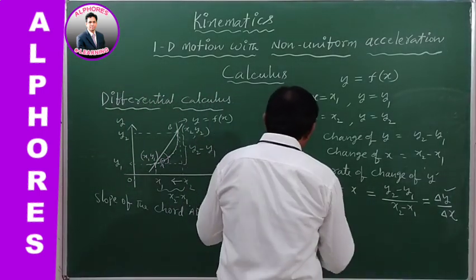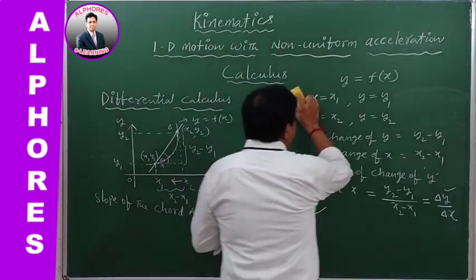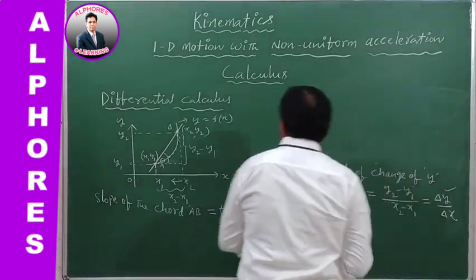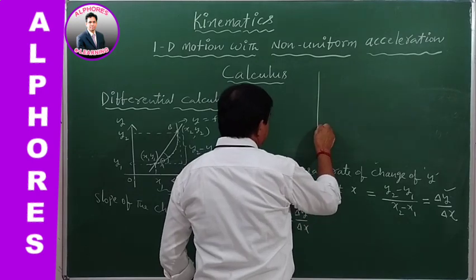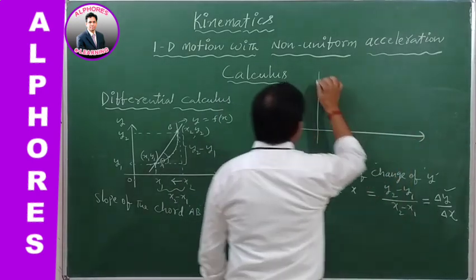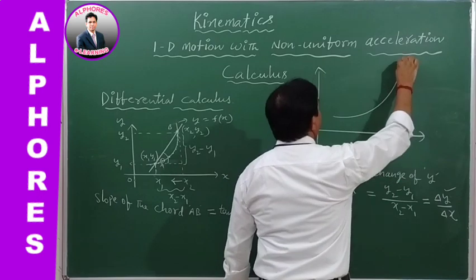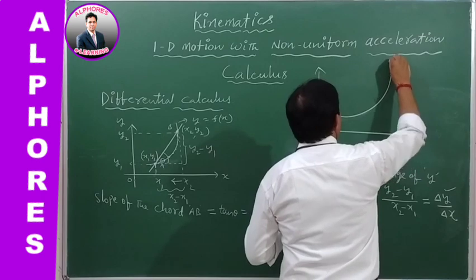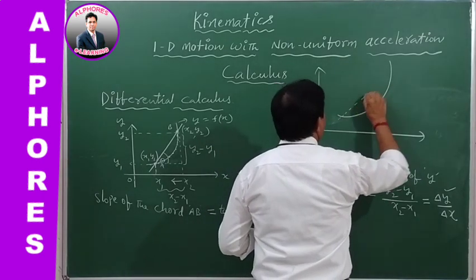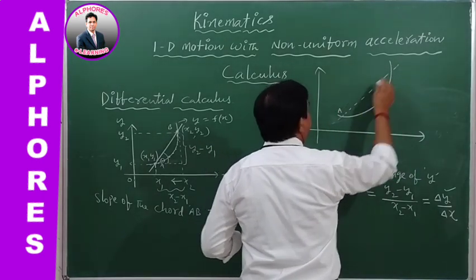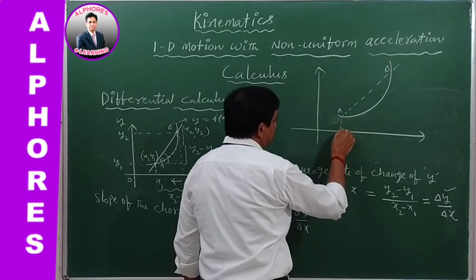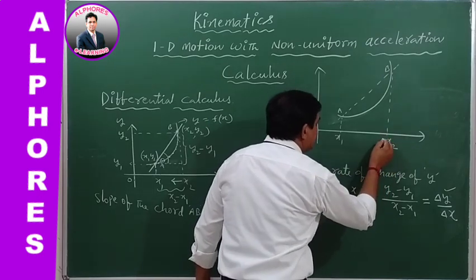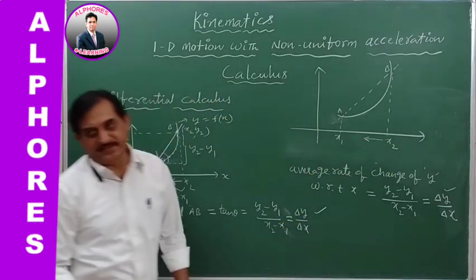Now see here, I will explain this clearly. This is one more graph. I am reducing this x value. Say this is a curve. Initially this is chord A and B. This is x1 and this is x2. x2 is approaching x1.